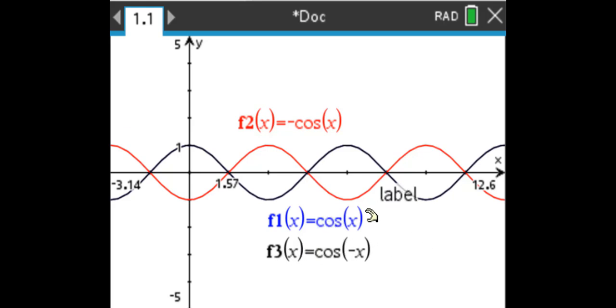So cos of x and cos of negative x are the same. Why? Think about our cos ratio. In the first quadrant, it's positive. Second quadrant, negative. Third quadrant, negative. Fourth quadrant, positive. So anti-clockwise, it goes positive, negative, negative, positive. Now let's go clockwise. Positive, negative, negative, positive. That's why these two ratios are the same.